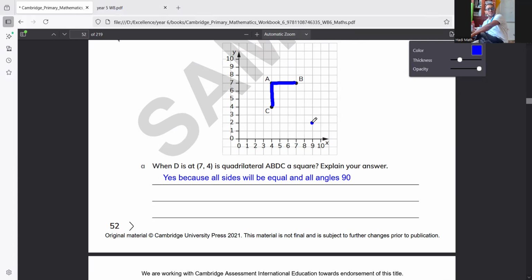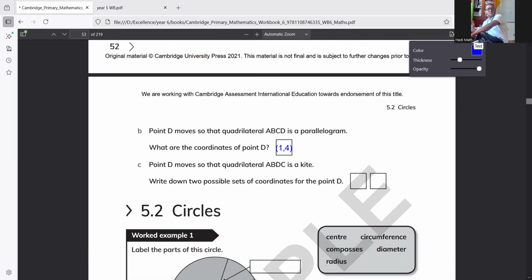You can put it here, or you can put it here, as you like. Both of them will make it a kite. This will be a kite this way, or even this one is going to make it a kite also. So you have 2 points, this point or this point. This point here is 9 and 2, and this point here is 10 and 1. So we choose 2 points, 9 and 2 or 10 and 1.